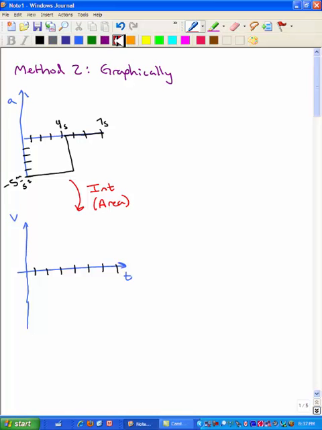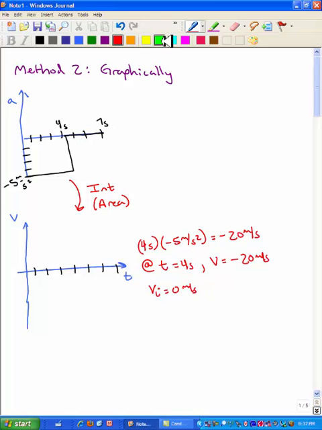Now if we take the area under our acceleration versus time graph, so area, 4 seconds times negative 5 meters per second squared, I get negative 20 meters per second. So that tells me at t equals 4 seconds, v is negative 20 meters per second. Okay? And I know the initial of 0.